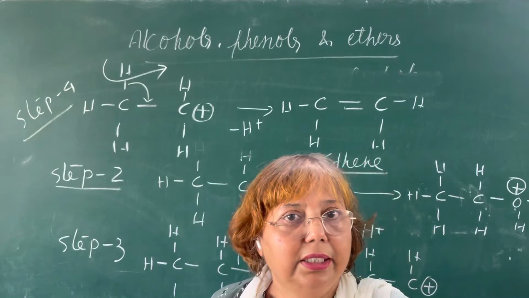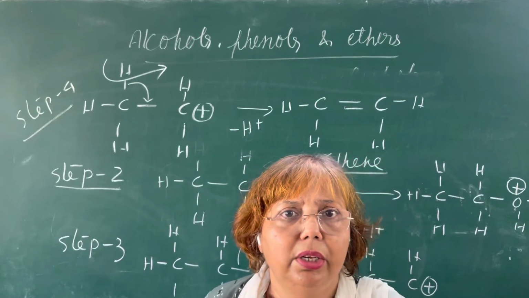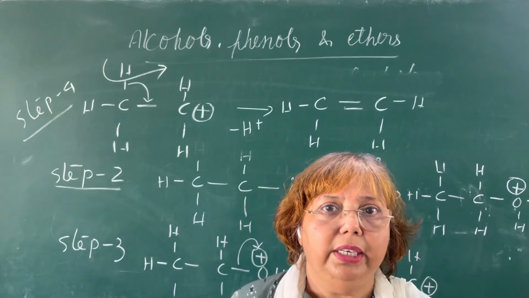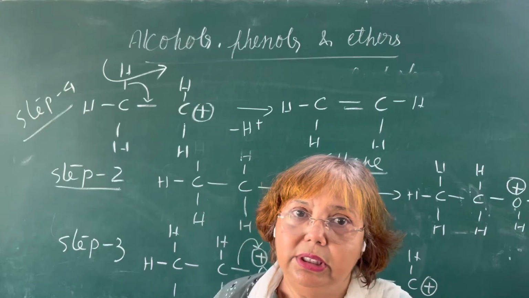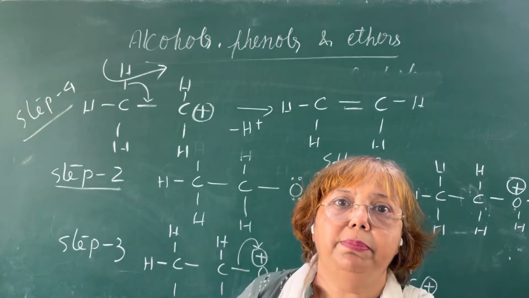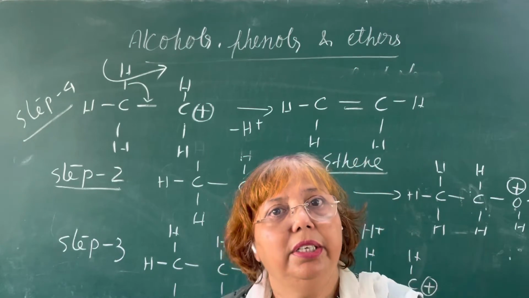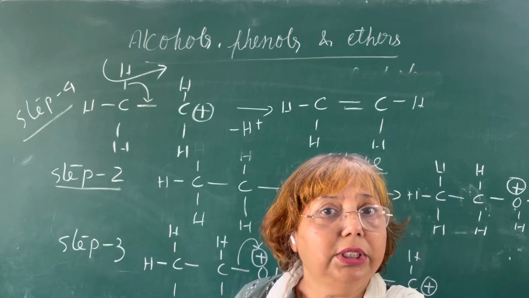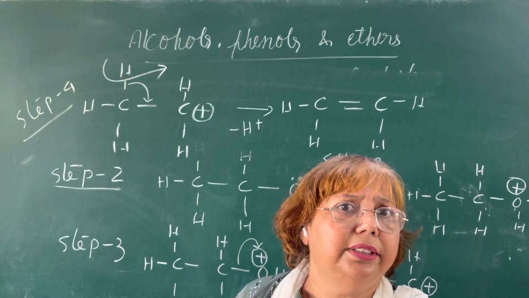You know that a tertiary carbocation, a 3-degree carbocation is the most stable, followed by 2 degree and then 1 degree. So 3-degree carbocation is the most stable, and so if suppose it is possible that a less stable carbocation can transform into a more stable carbocation, then it happens through an internal rearrangement.